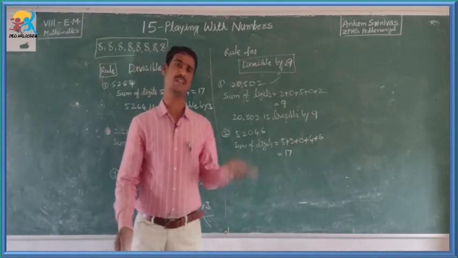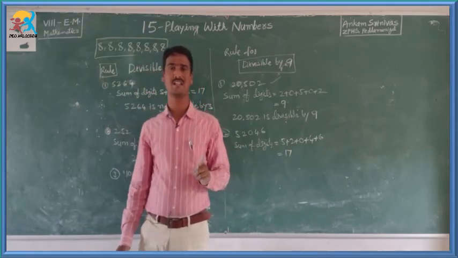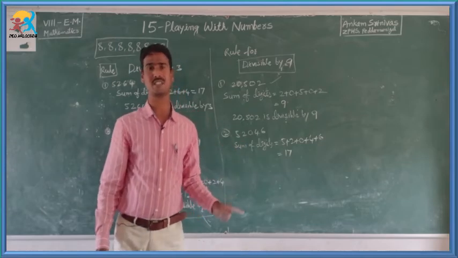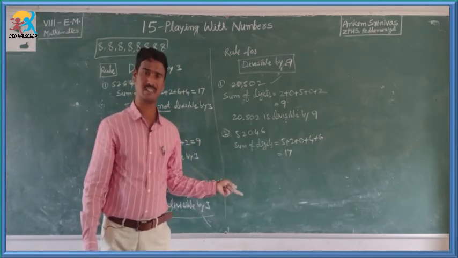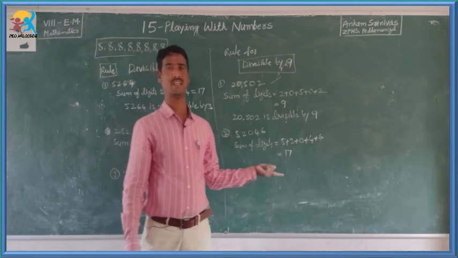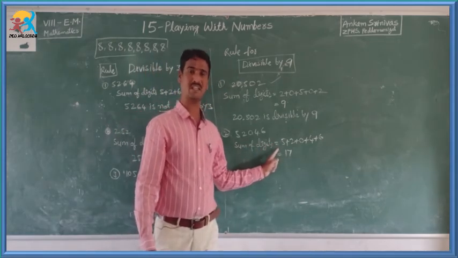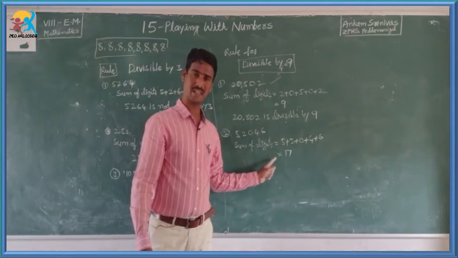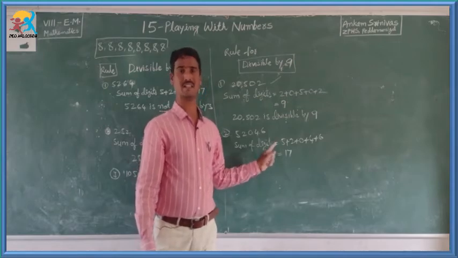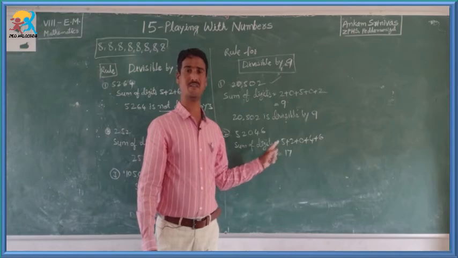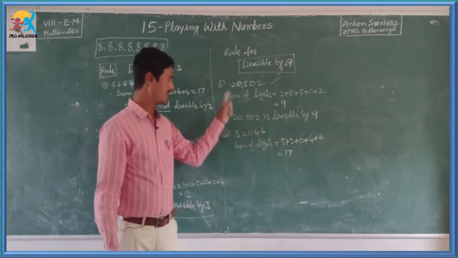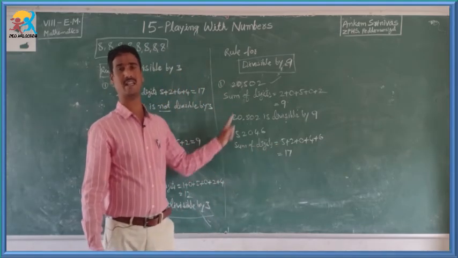We know the 9 table. 9 ones are 9, 9 twos are 18, 9 threes are 27, 9 fours are 36, 9 fives are 45. If the sum of digits of a given number is 9, 18, 27, 36, 45, 54, then the given number is divisible by 9.